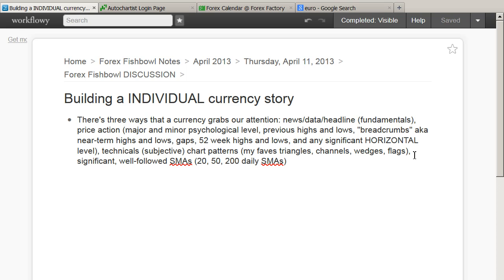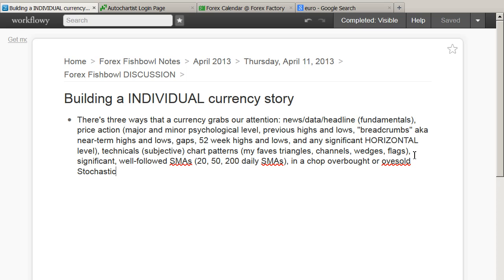Right? That's going to get our attention. In a chop, it might be, again, technicals. In a chop, it might be an overbought or oversold stochastic or some sort of oscillator. Right? These are individual currency stories.